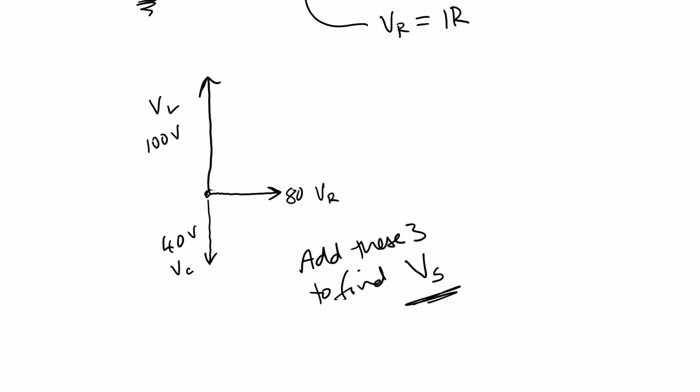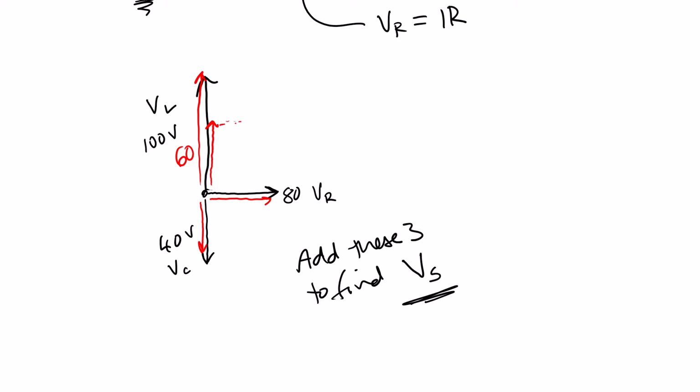So we've got 40 down and 100 up. Let's add those two together. That's equivalent to 60 up. And we've got the 80 for the resistor. So let's find the resultant.